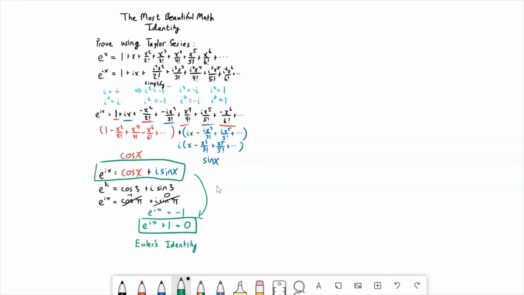This identity is pretty cool on its own, but I think the process to get there is even cooler. So, that wraps up this video on the most beautiful math identity.